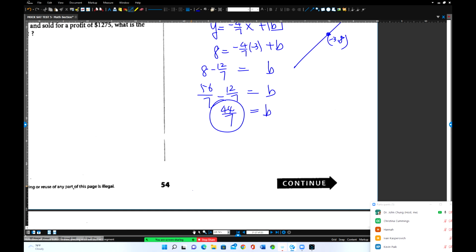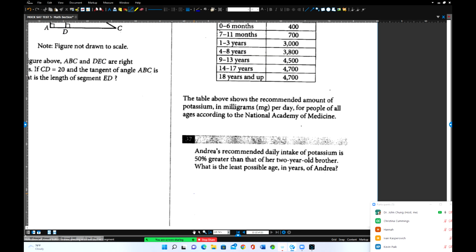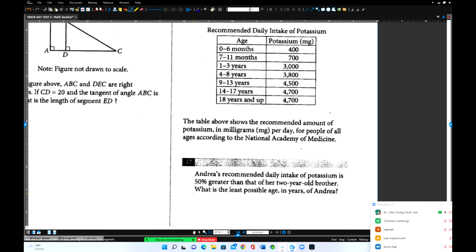The last number is 37. Andre's recommended daily intake of potassium is 50% greater than that of his 2-year-old brother. Where is the 2-year-old brother? Here. What is the least possible age? The 2-year-old brother needs 3,000, and 50% more is how much? 3,000 times 1.5, right? 1 plus 0.5 is 50% more, which is 4,500.